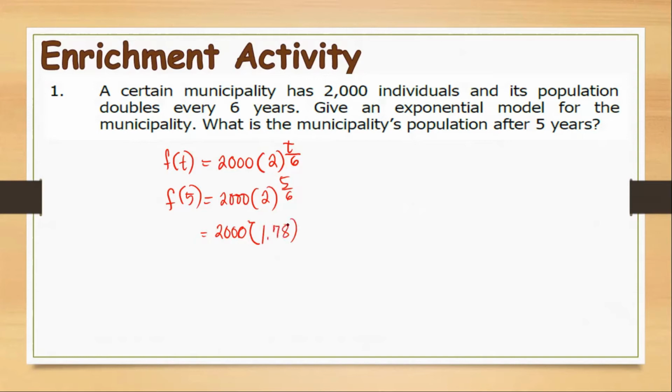So 1.78 multiplied by 2,000, the answer will be 3,560. This will be the population after 5 years.